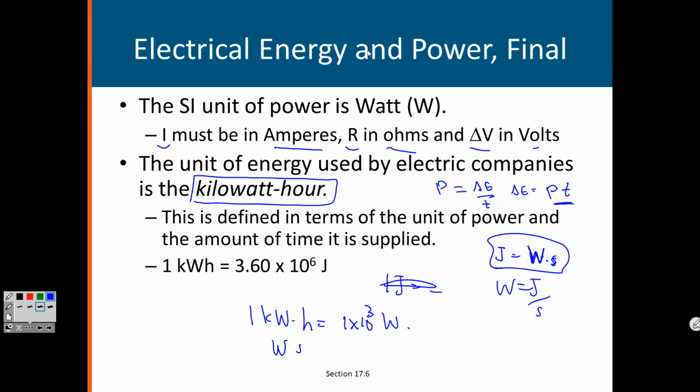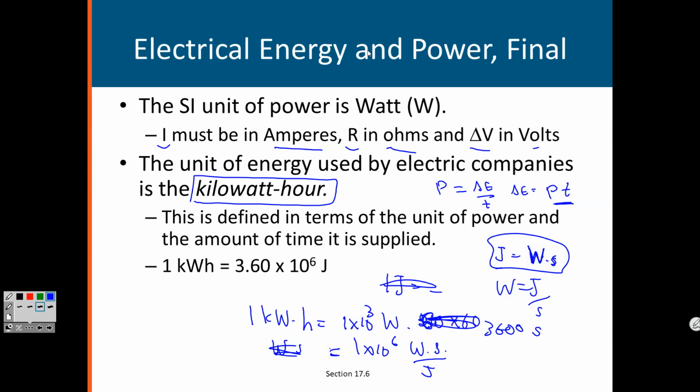How do you get that? 1 hour is 60 minutes, and each minute is 60 seconds, so 60 times 60 is 3,600 seconds in 1 hour. So 1 kilowatt hour is equal to 1 into 10 to the power 3 times 3,600 watt second, or joule. Watt second means joule.